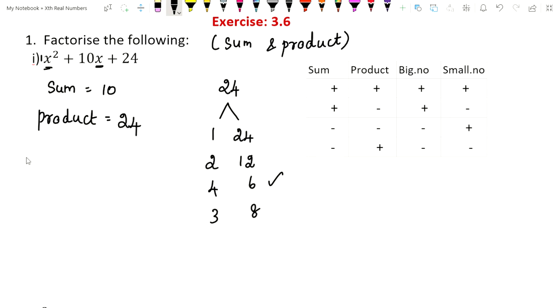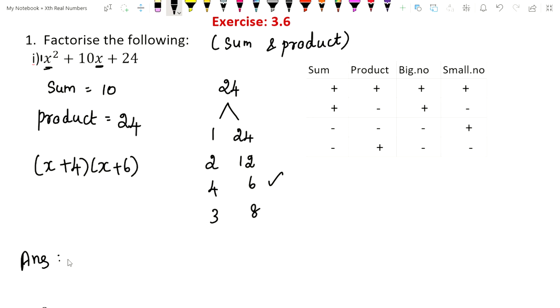What is the factor here? x plus 4 and x plus 6, because both are positive. So x plus 4 and x plus 6 is the answer.